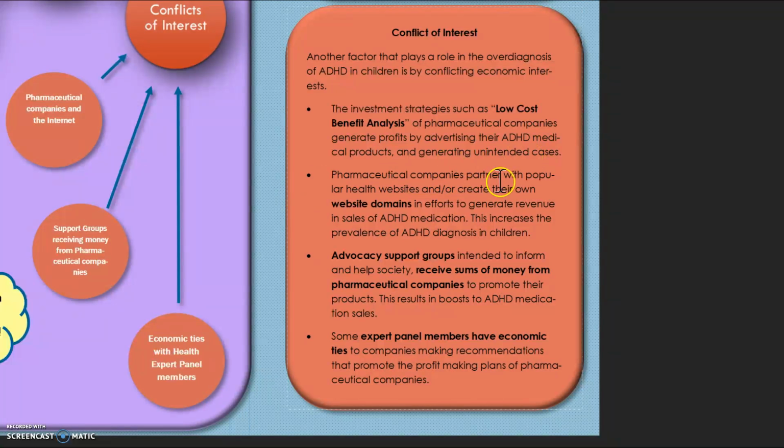Pharmaceutical companies partner with popular health websites and create their own website domains in efforts to generate revenue in sales of ADHD medication. This increases the prevalence of ADHD diagnosis in children.